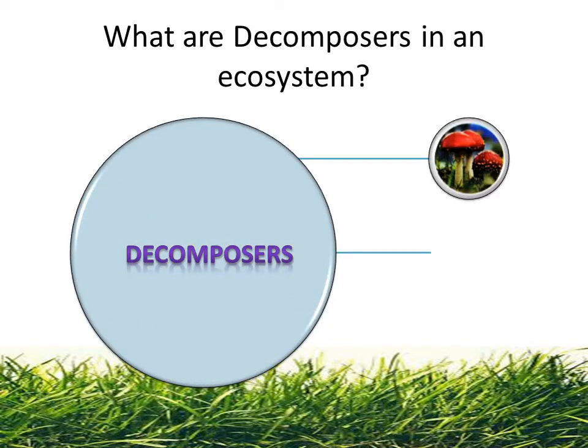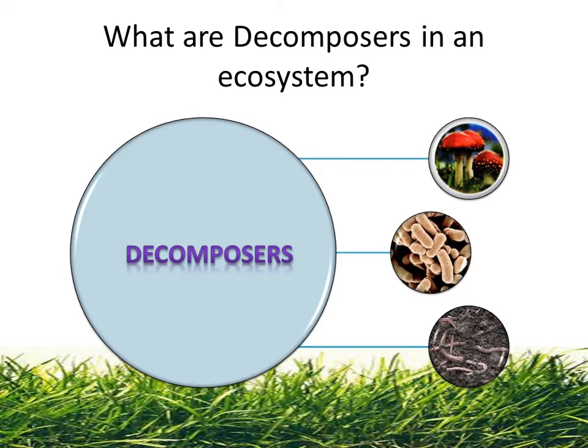Decomposers can be fungi like mushroom. They can be bacteria, they can be animals also like the earthworm. All of them have one job, which is to break down dead bodies.